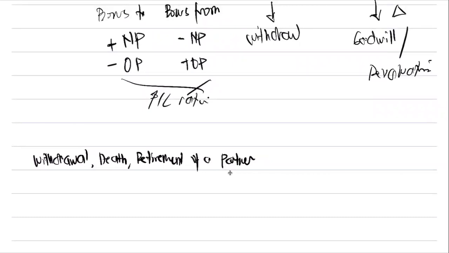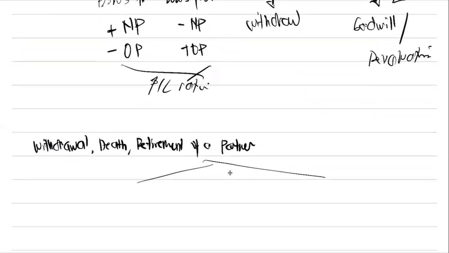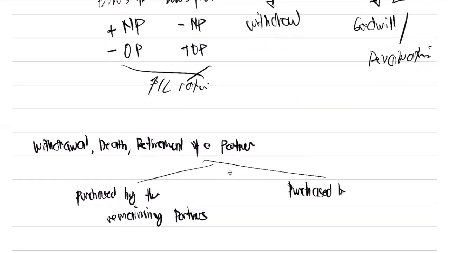So here, there are again two instances. It's either it is purchased by the remaining partners, or purchased by the partnership. So again, it is either a transaction between the old partner and the other partners, or a purchase by the partnership, between the partner and the partnership.